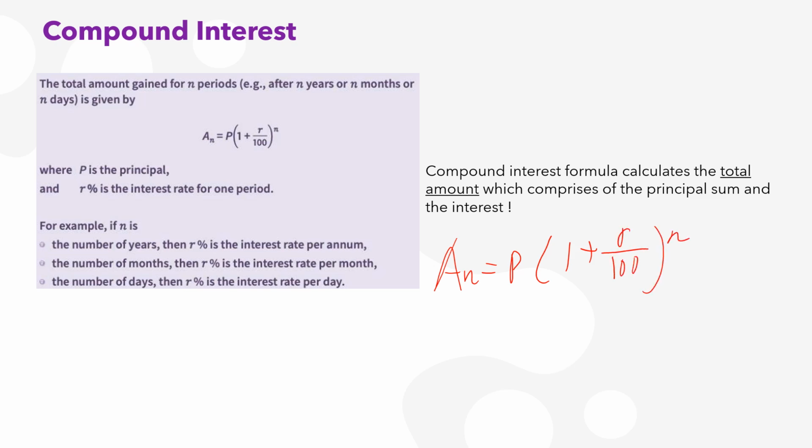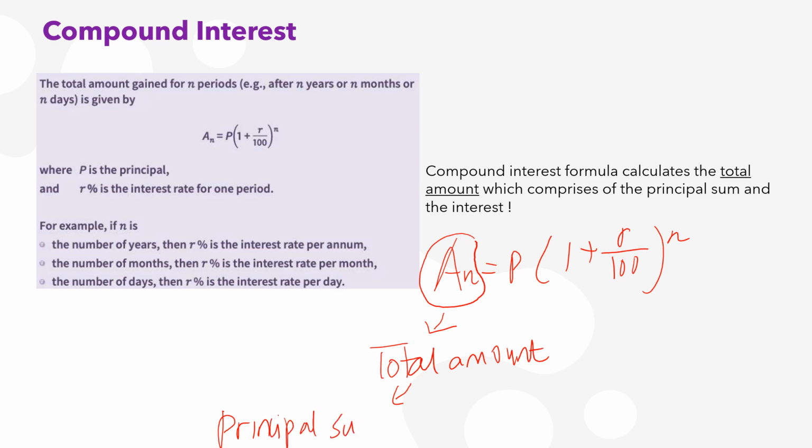The thing to take note of is this value here, A, and it represents the total amount. So the total amount means the principal sum plus the interest.